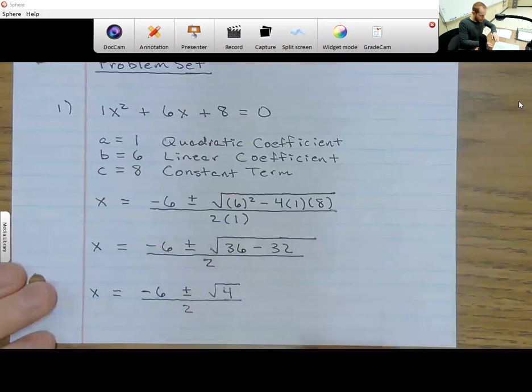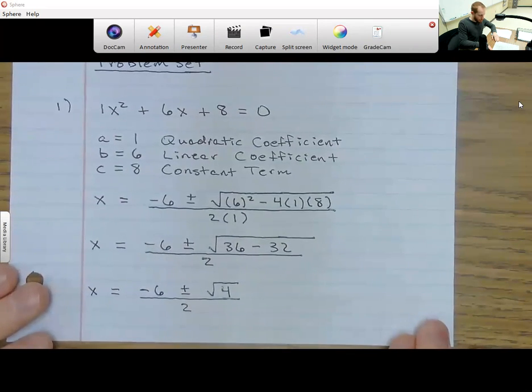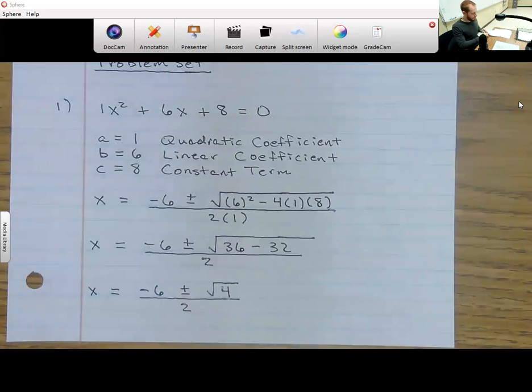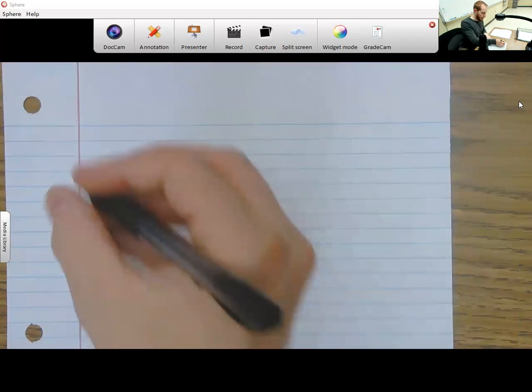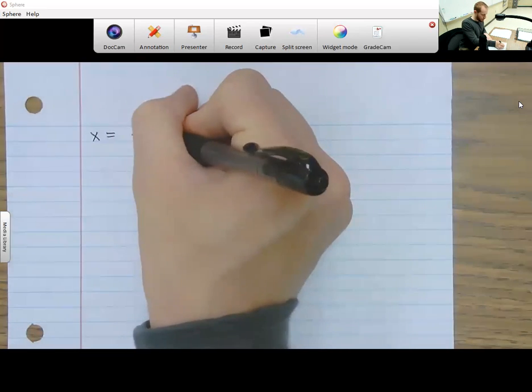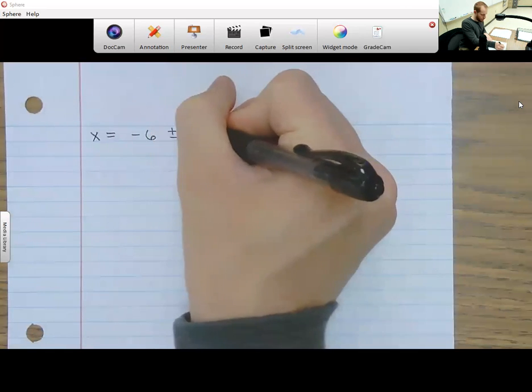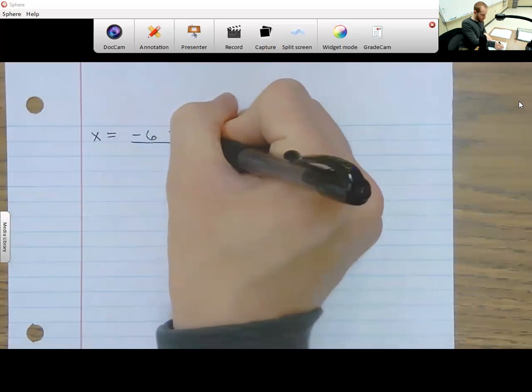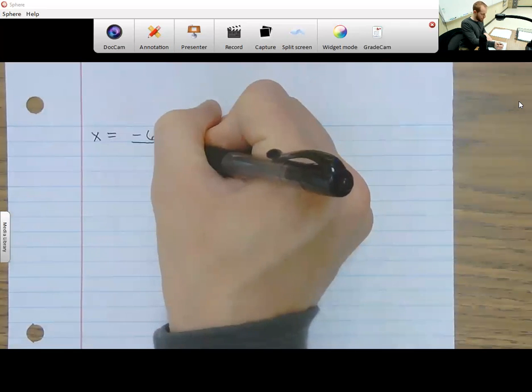Okay. So now, what's the square root of 4 going to be? 2, right? So then I'm going to have x equals -6 plus or minus 2. And everything is still divided by 2.